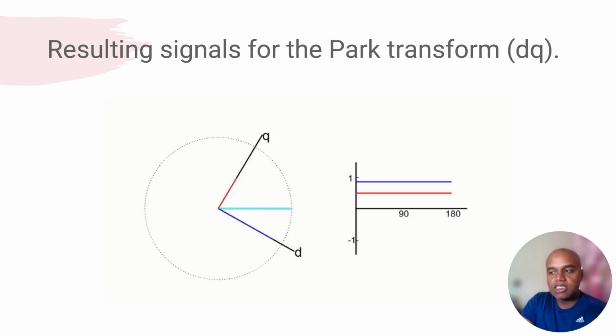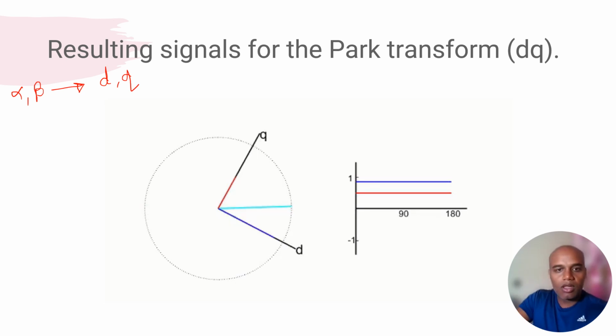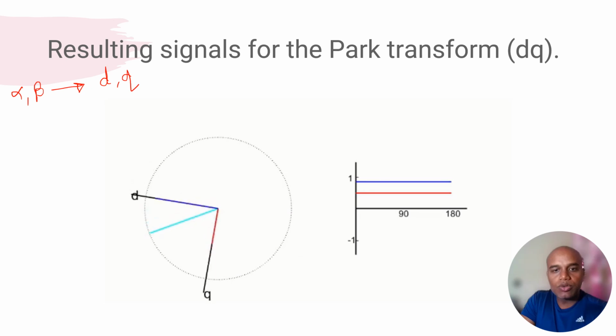So the two phases are converted. That means the alpha beta reference frame is now converted into the DQ frame. Here I can see that the D and Q both are also rotating with the arbitrary vector.